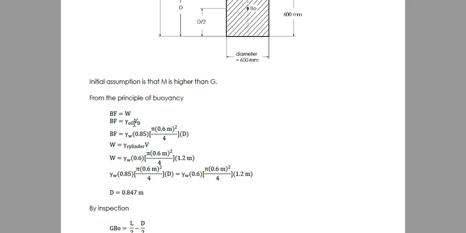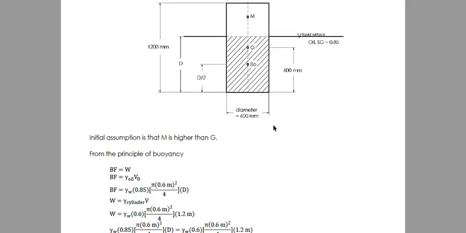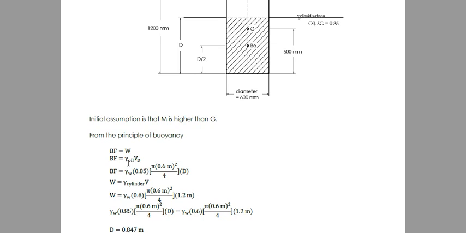Since the liquid is oil, gamma of displaced liquid times the displaced volume. Expanding this term further, gamma of oil is equal to gamma of water times specific gravity of oil times the displaced volume, which is equal to area of the base times height. So area nitong base niya, which is circular, so pi d squared all over 4 times d.